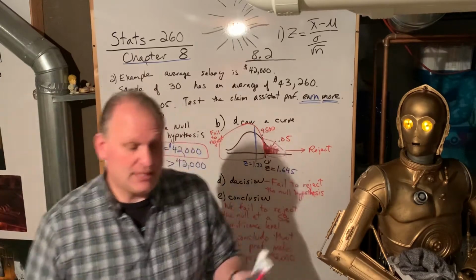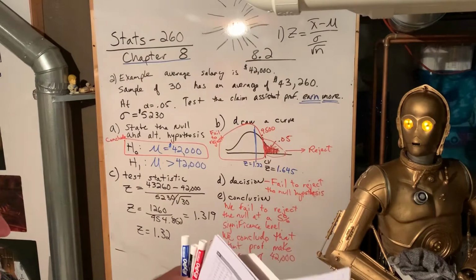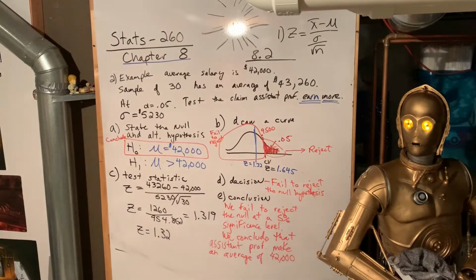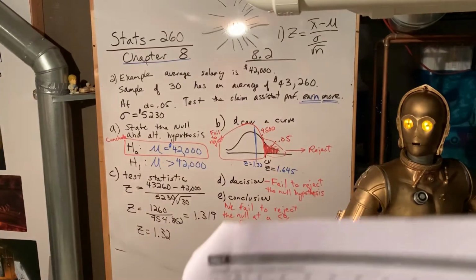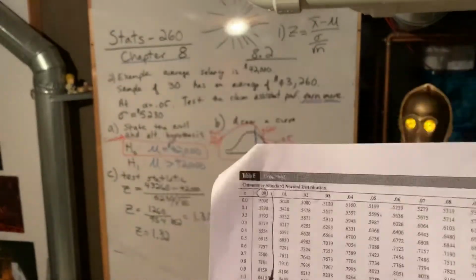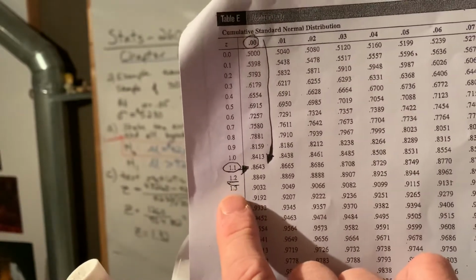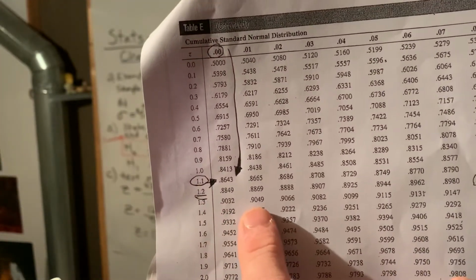Well, let's take a look. If we look at our chart for z-scores, we can look that up. So for the z-score, we can use 1.3, and then follow it over to 2.